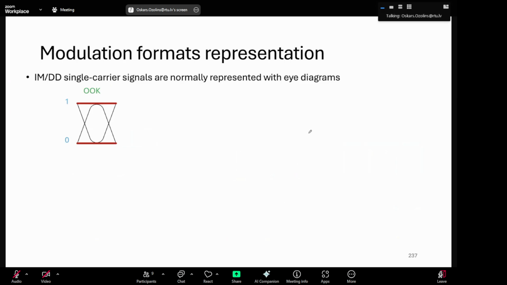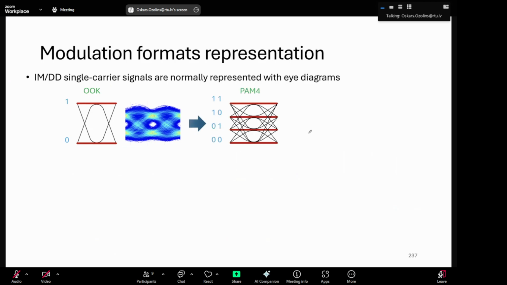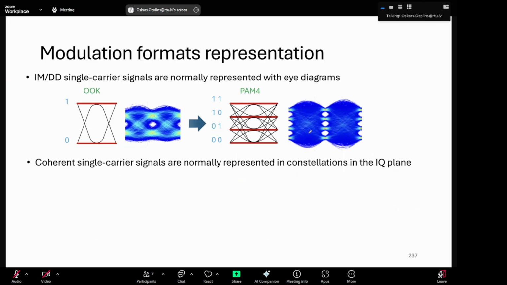So we looked at eye diagrams in intensity modulation direct detection systems. On-off keying is a 2-level modulation format, and for PAM4, when you have 2 bits per symbol, you have an eye diagram something like this. But in coherent single-carrier signals, they are normally represented with constellations in the I and Q planes.